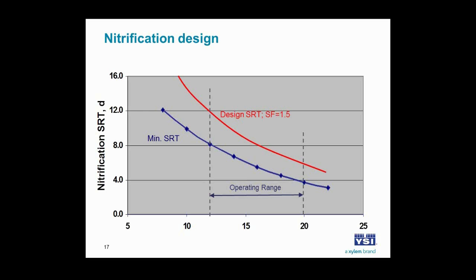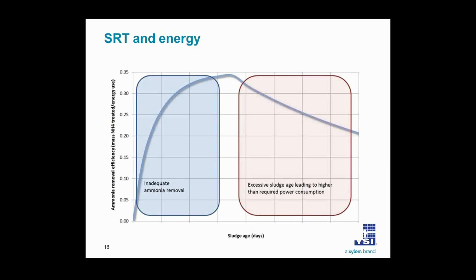There are some trade-offs, though, to maintaining that higher SRT, so there is a need to limit that SRT to the maximum extent possible. If we look at this chart here, it shows ammonia removal efficiency versus sludge age. And so a higher number is better.